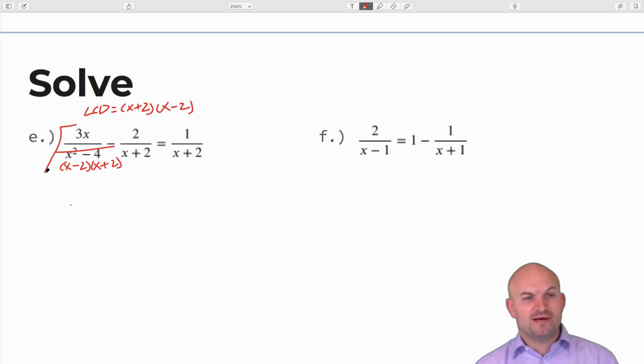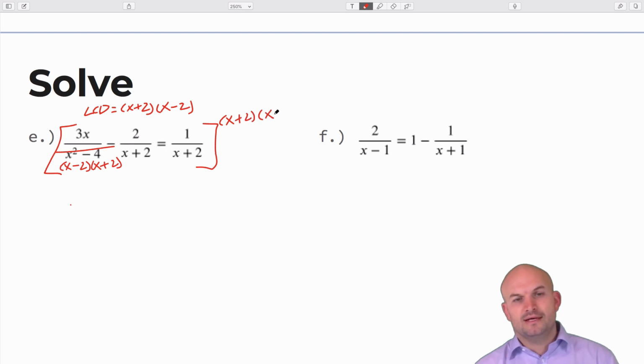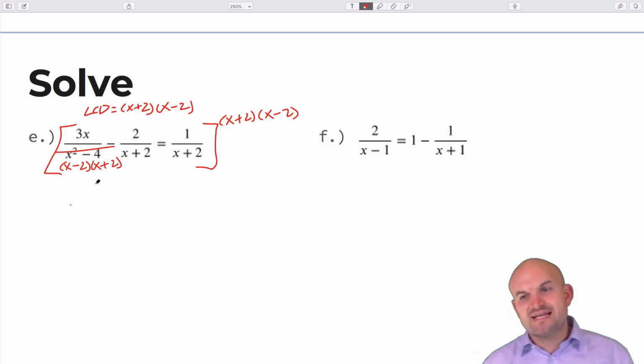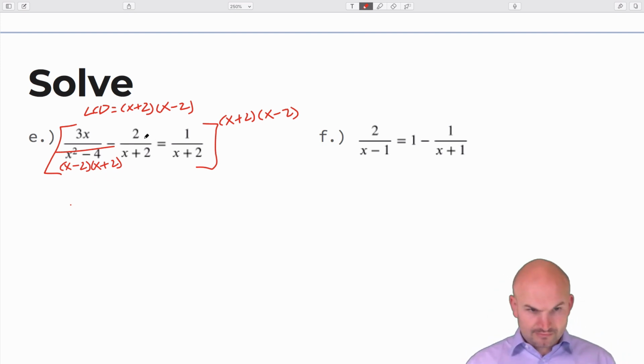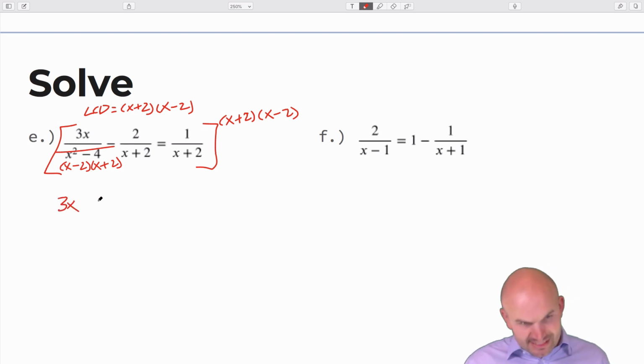So again, multiply everything times this LCD. You could write it as a product of each and every one of those, but to save myself some time, I am not going to do that. So, we just multiply these. You can see though that whatever's in the numerator is in the denominator. That's why I don't have a denominator anymore, right? It got divided into it.